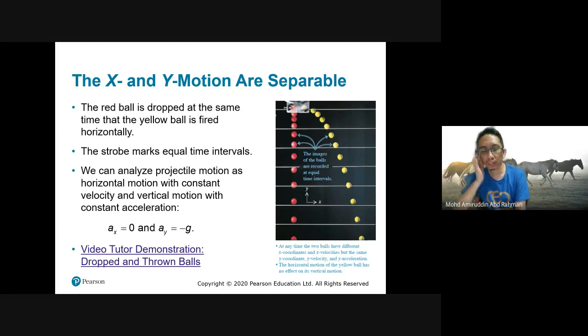So we look horizontally. We can analyze the projectile motion as a horizontal motion with constant velocity, and vertical motion with a constant acceleration. Okay, we look at an example.